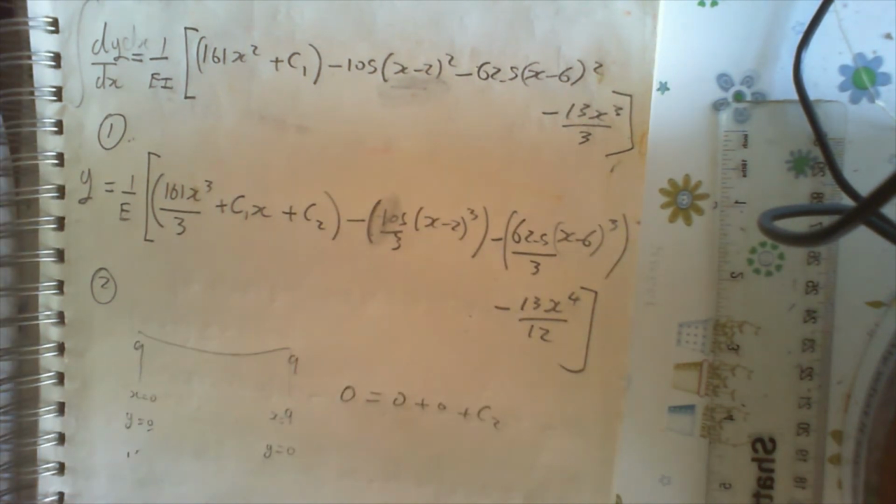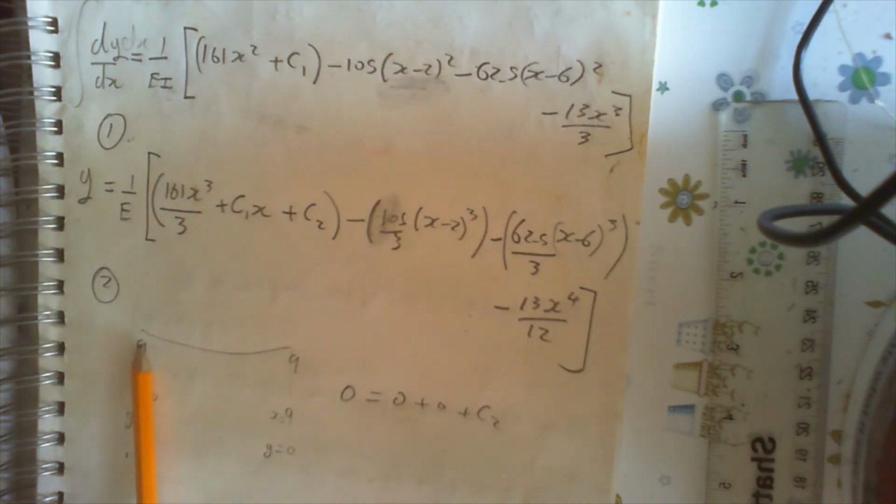Right, we're going to apply boundary conditions here. If you remember, at the ends of this beam from 0 to 9 metres, when x equals 0 and x equals 9, there's going to be no deflection at these points. So when x equals 0, y equals 0, and when x equals 9, y equals 0.